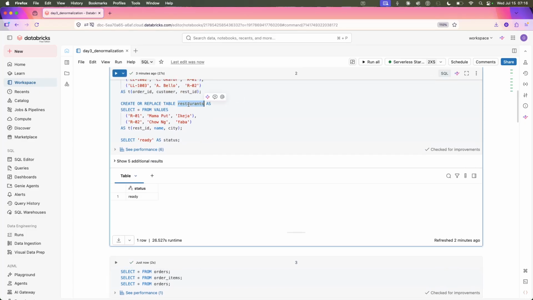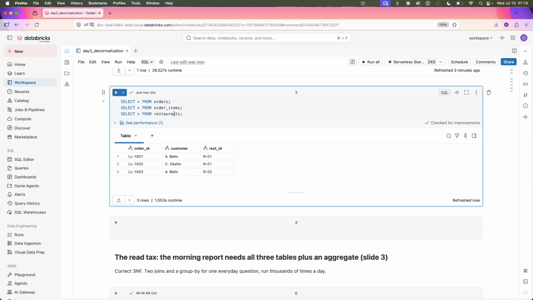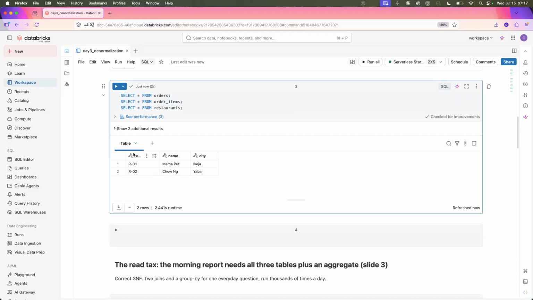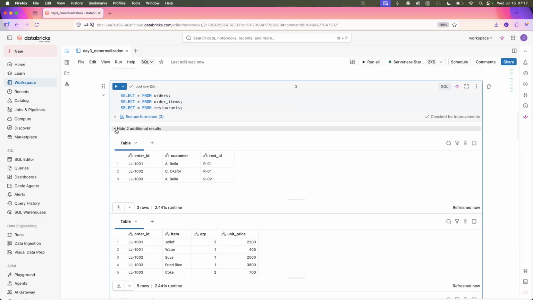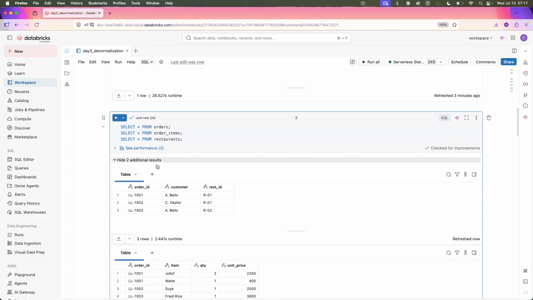And we can select stuff from restaurants. So let's run this now and have this. So we see these are the different tables.